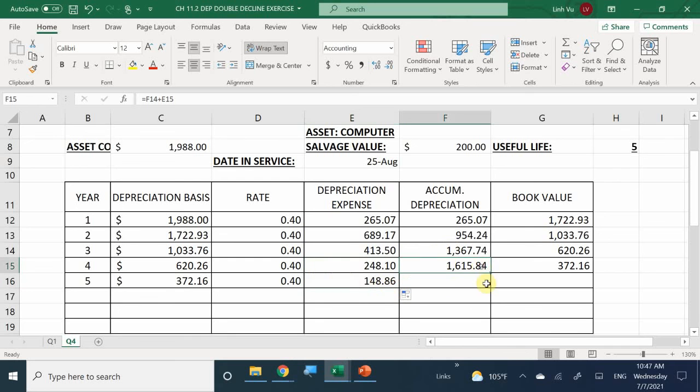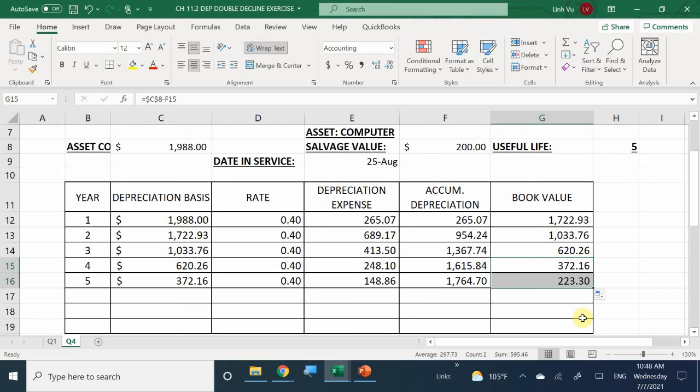To bring my accumulated depreciation to be 1764.70. Good. Excellent. And I have my book value as 223.30. Good. So therefore, I haven't reached my salvage value yet.